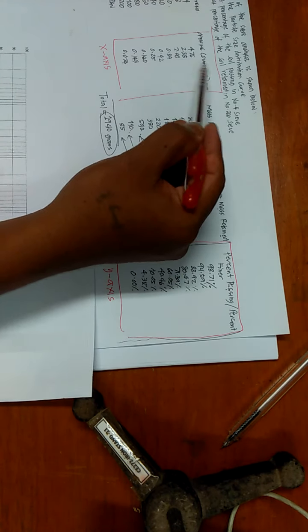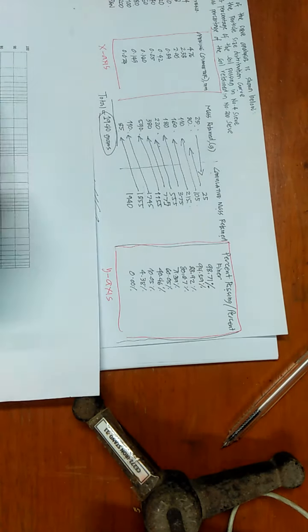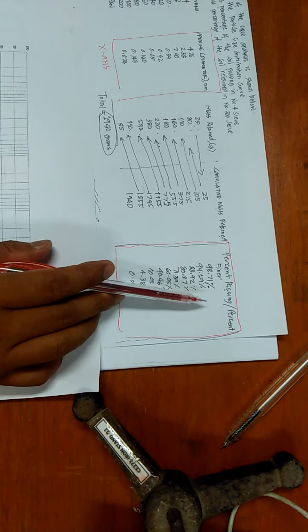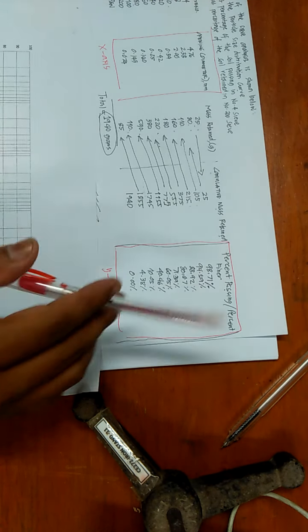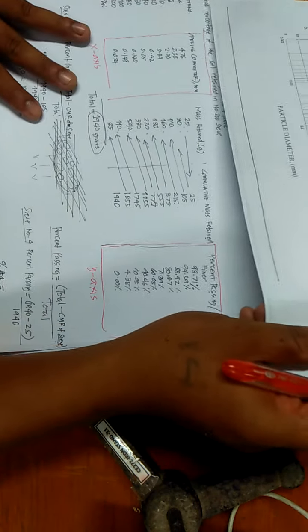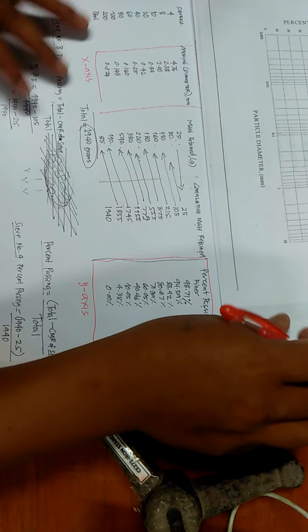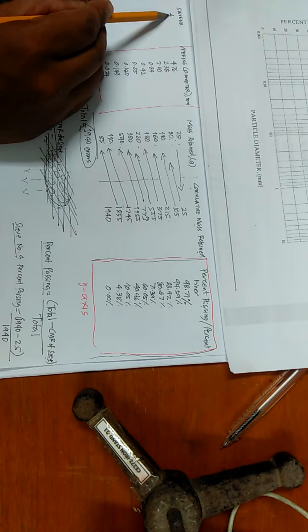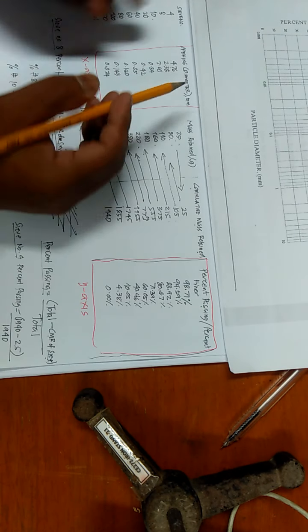So since our opening diameters are given and the percent passing is already computed, we will now draw the curve. Let's start. So start tayo ngayon sa sieve number 4. Your sieve number 4 in terms of mm is 4.76.